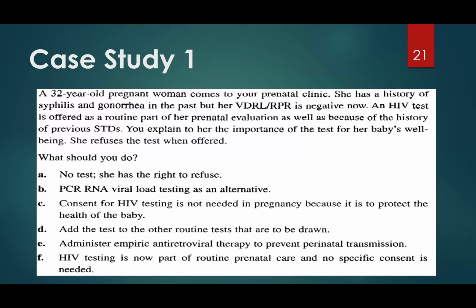You explain to her the importance of the test for her baby's well-being. She refuses the test when offered. What you should do, as you all said, is no test. She has the right to refuse. A patient cannot be tested for HIV against their specific refusal.